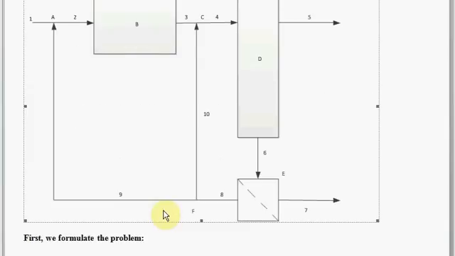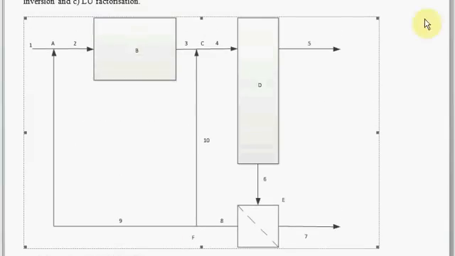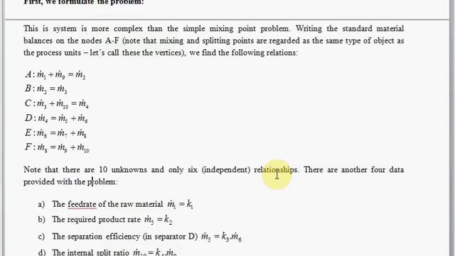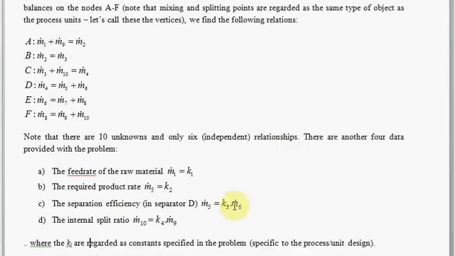And then if we also know the separation efficiency here, in other words, if we know how effective this distillation column is in separating the stream 4 into a gas and into a liquid, in other words, what's the ratio between 5 and 6, then that's a third piece of information that we can embed into our framework here. The last thing is an internal split ratio.